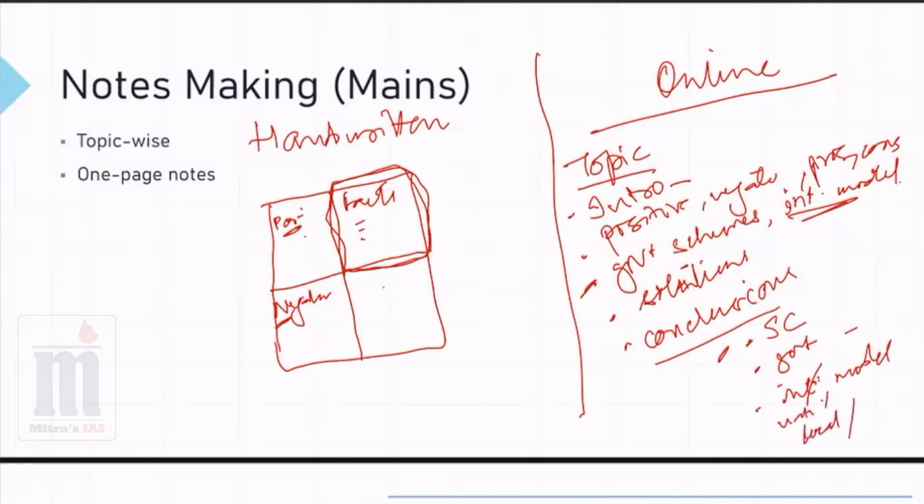You can mention that, okay, so that will show that you have a solution oriented approach. So keep in mind these things whenever you make a note for a topic, and keep updating them. The benefit of making notes online is you can update them easily.